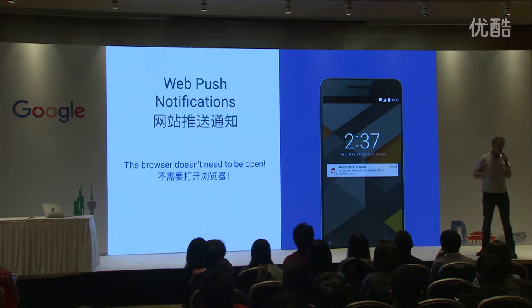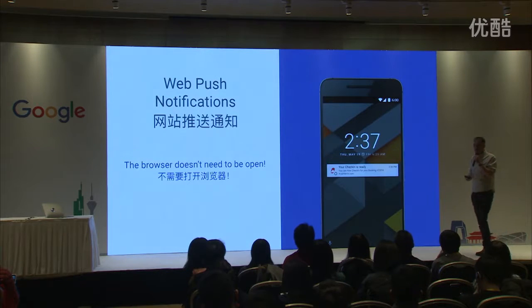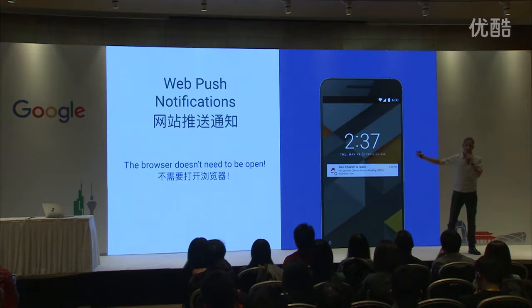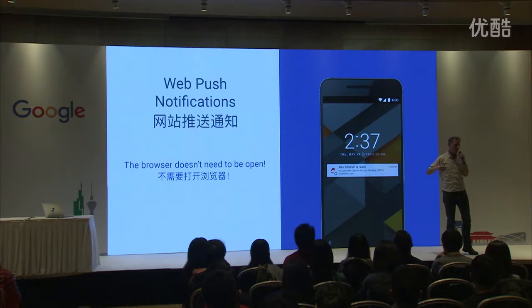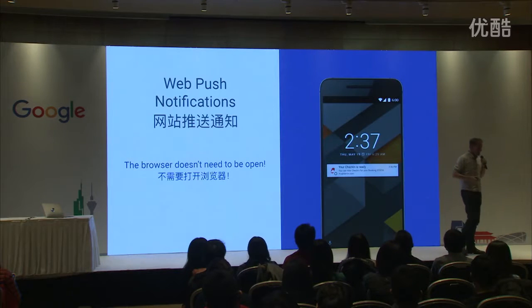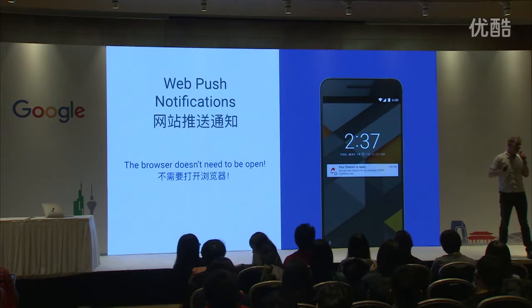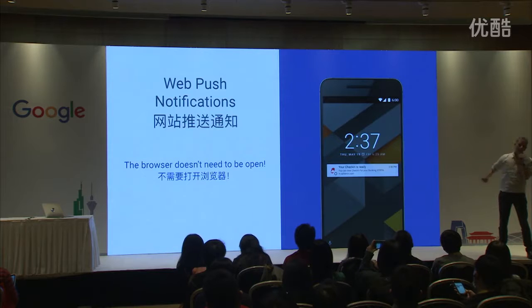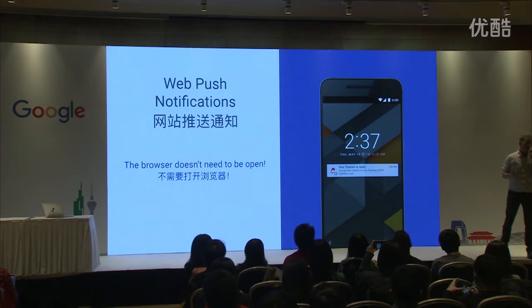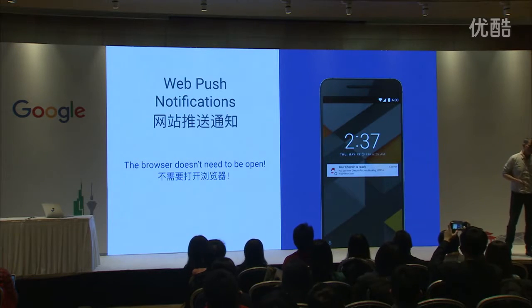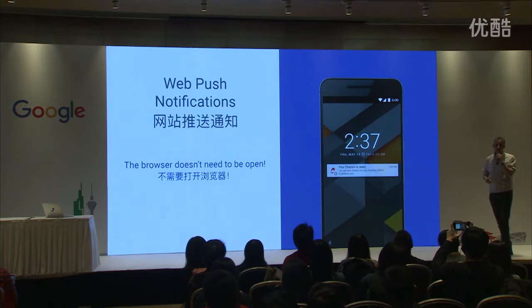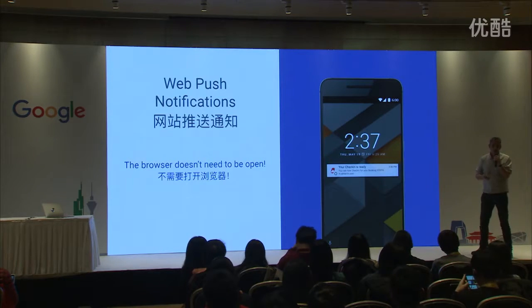But the nice thing is we now have a standardized API for doing push, and the best part of this is that the browser does not need to be open for a push message to be received. In other words, you can send a push message to a user if they don't even have the browser open. As you can see here, they will still get a notification saying that they have a push message. This is hugely powerful, and this is a fantastic feature for re-engagement that's been missing from the web until now.